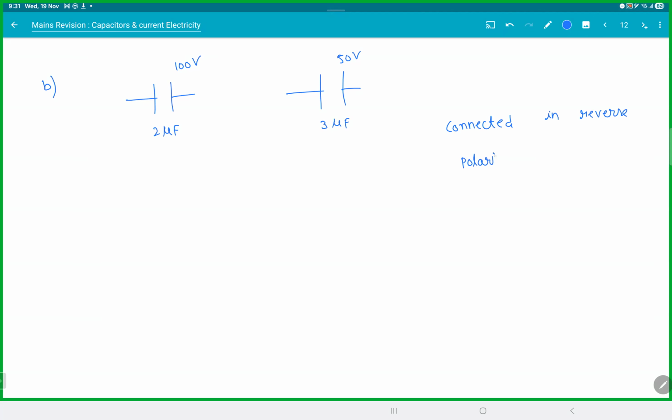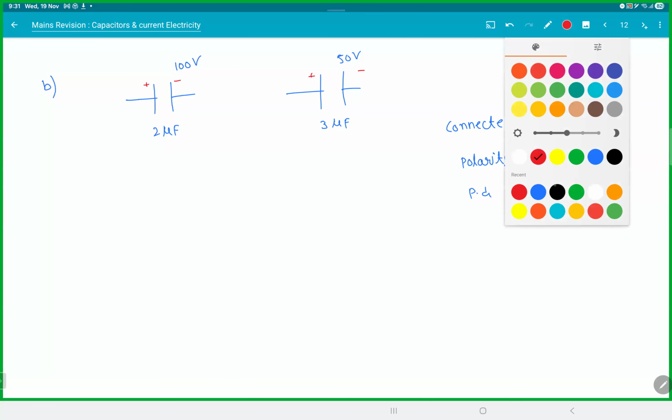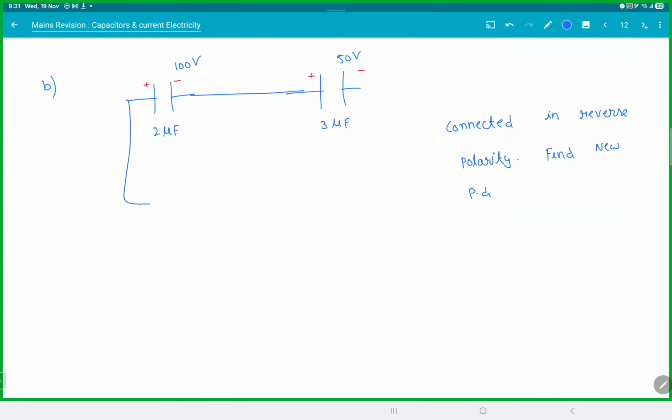Find the new potential difference. Meaning this is plus, minus, this is plus, this is minus. These two are connected and these two are connected. Same polarity meaning plus plus connected, minus minus connected. Find the new potential difference.